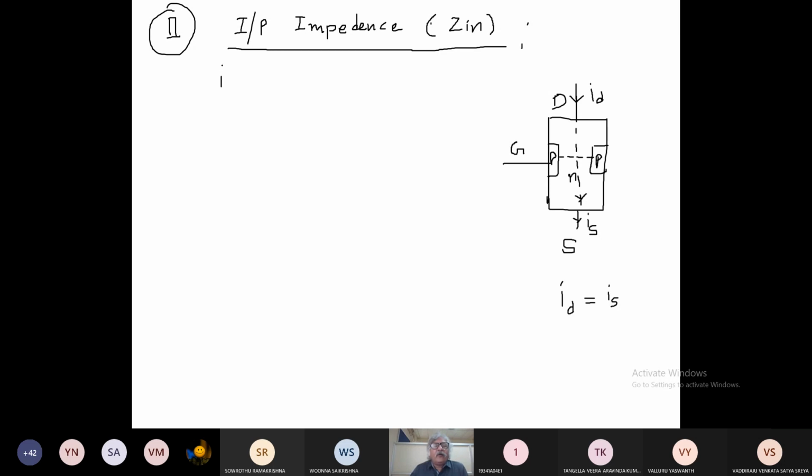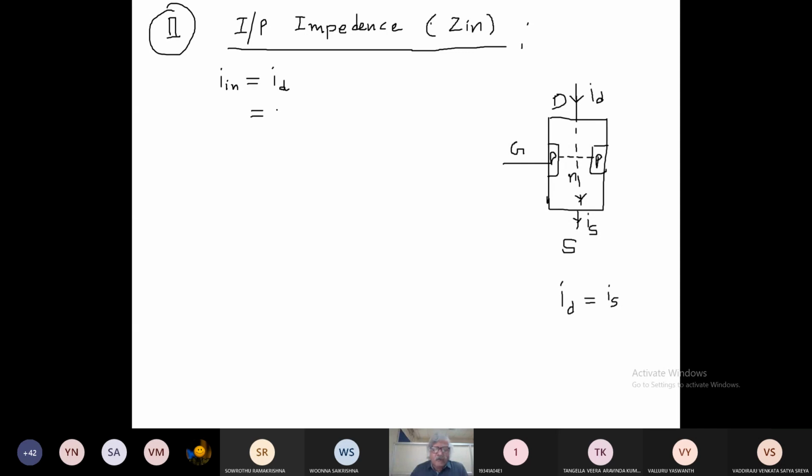So I in is equal to ID, because source current and drain current are both the same.